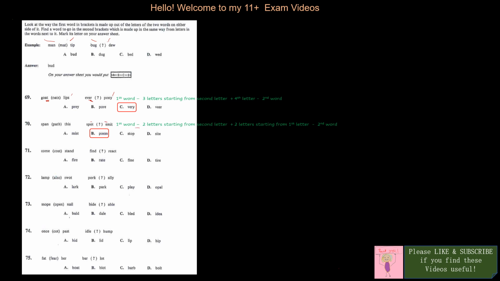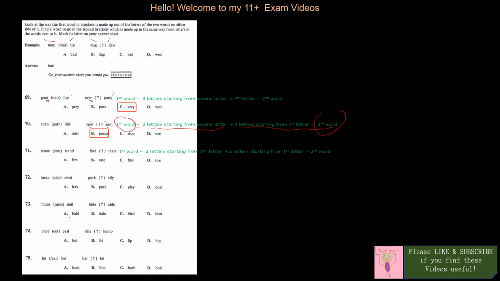See, first word, second letter starting from first. So first word is PO. It starts from the second one. And I tried to explain, maybe a bit confusing my explanation, but I think if you follow this, you will understand that PO. So that is how you have to work it out, EM. So you have to work it out with the examples they have given.